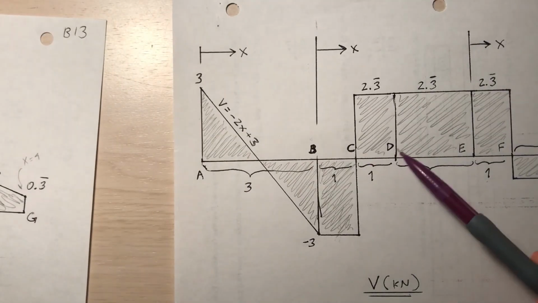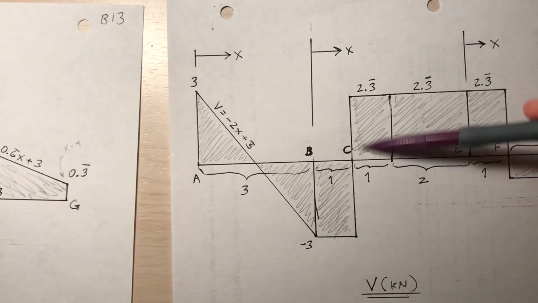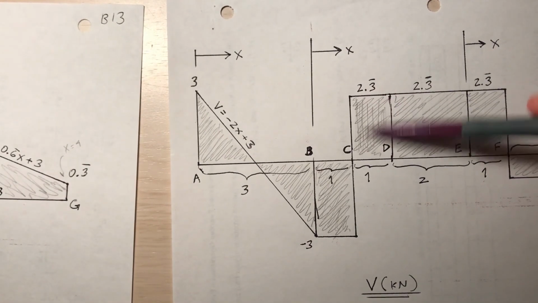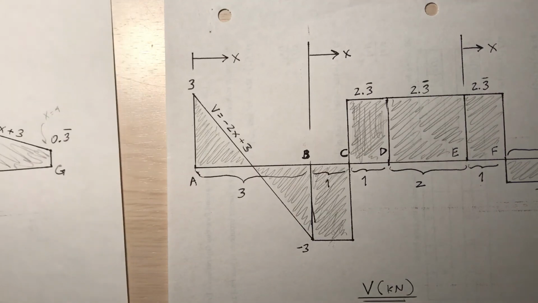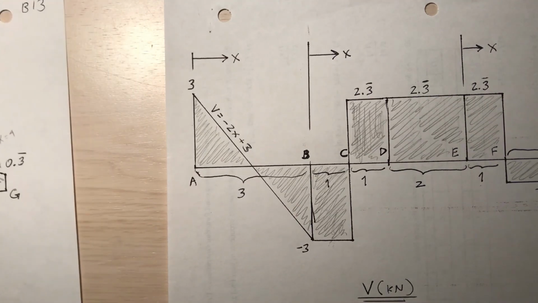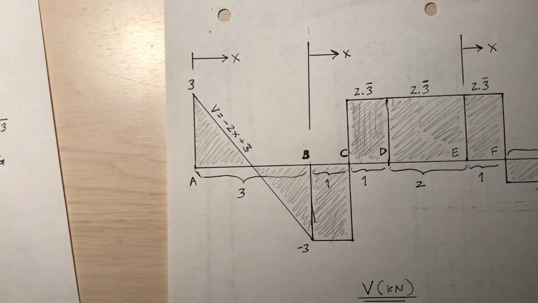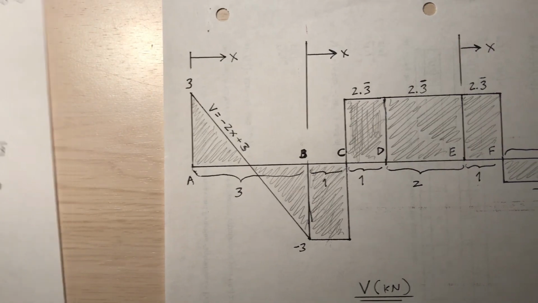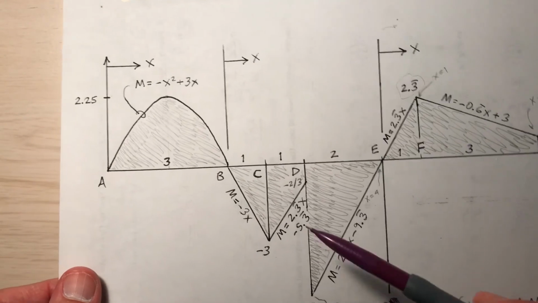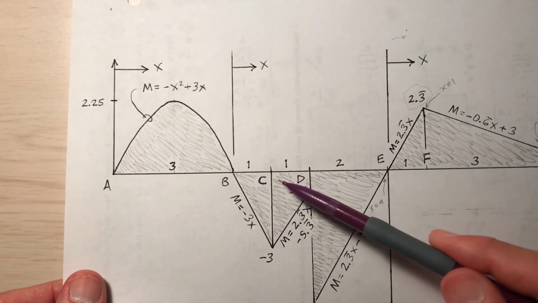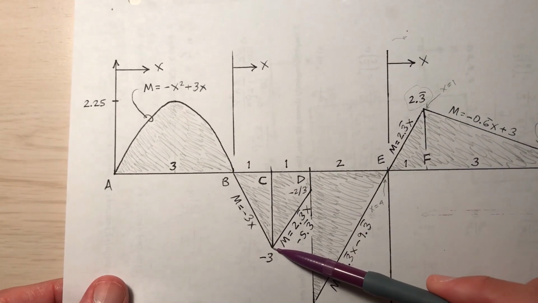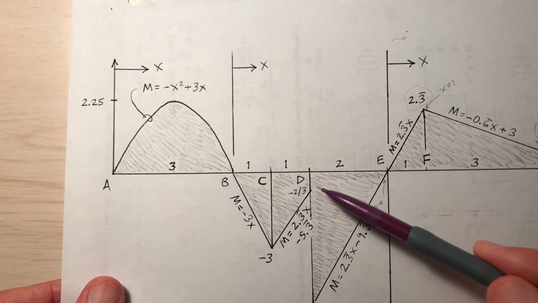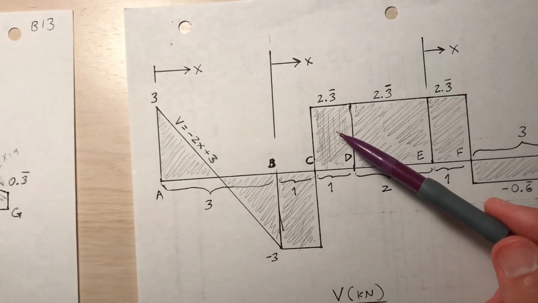Between C and D, what's the area of this rectangle? 2 1/3, isn't it? So between C and D, I'm expecting a change in moment of 2 1/3.